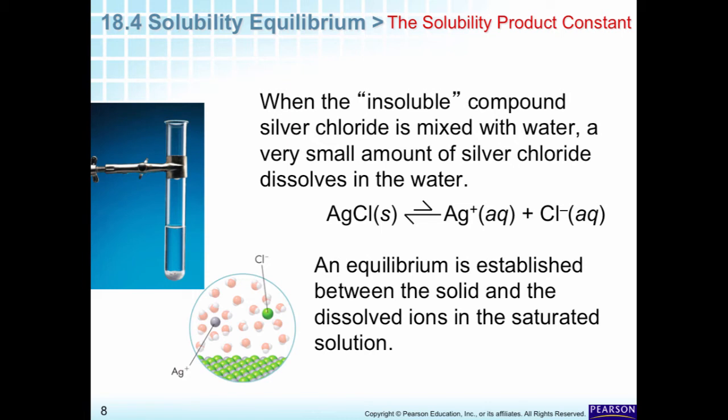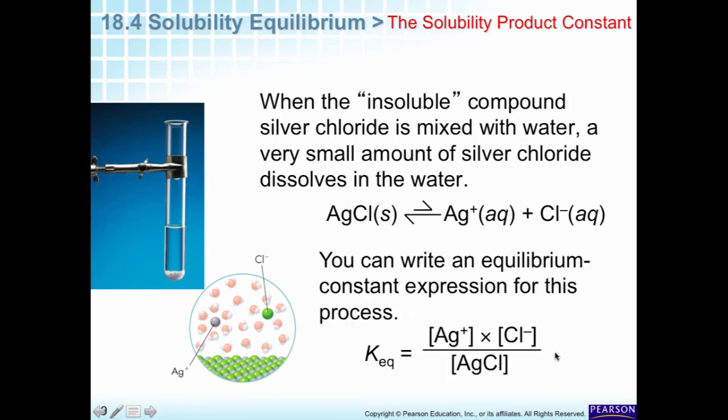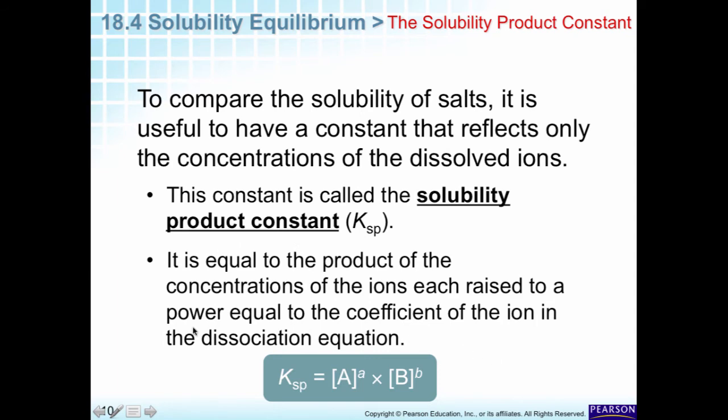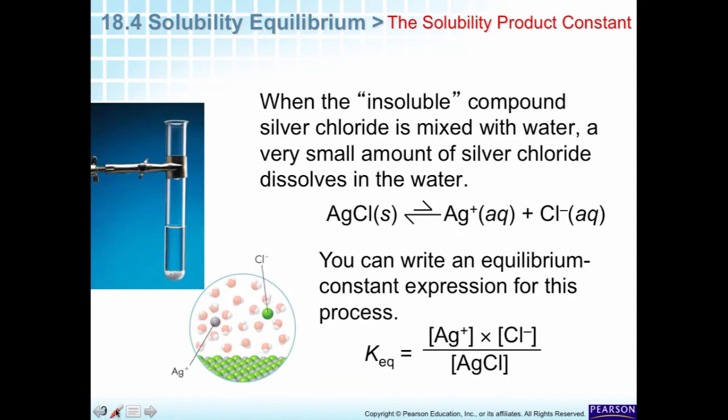Now, one thing you should note here is that this is a solid. That would be the reactant, but we don't consider reactants that are solids as part of an equilibrium expression. Normally we would write this times this over this, but the solid is considered 1, so it's not part of the equilibrium expression.